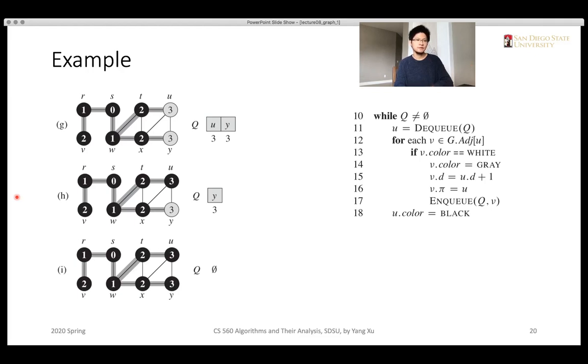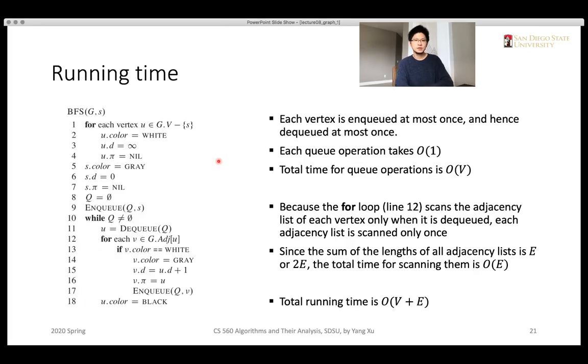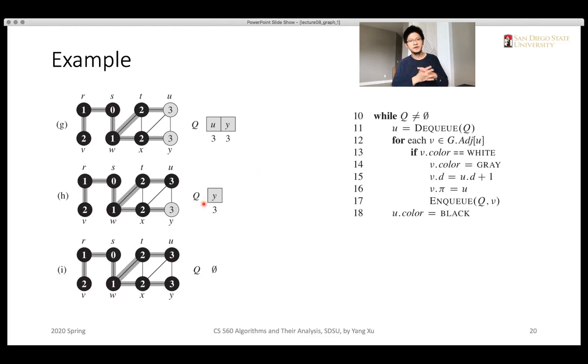So eventually when the Q is empty, all the vertices within the graph are visited. So that's how the BFS algorithm runs on a very simple example. I hope you can run this on paper yourself so that the whole dequeue and enqueue process becomes really clear to you.